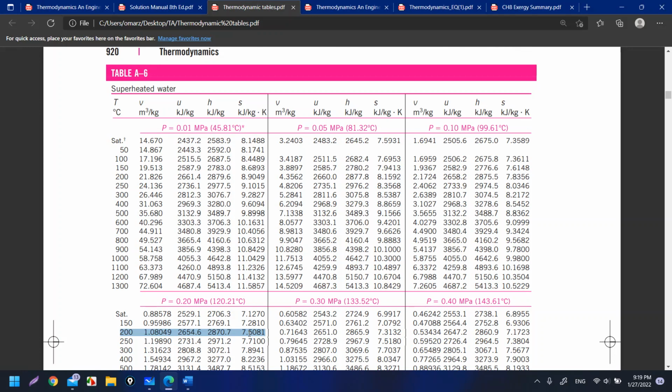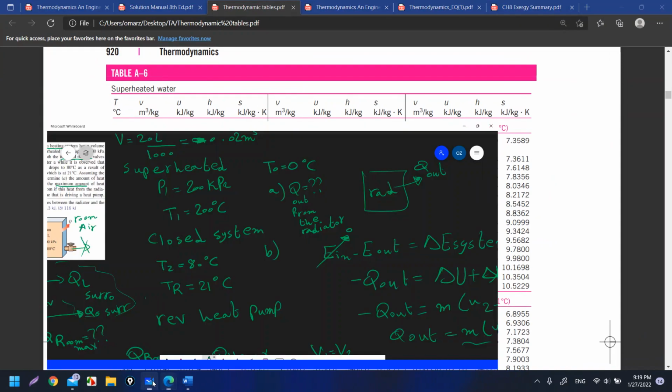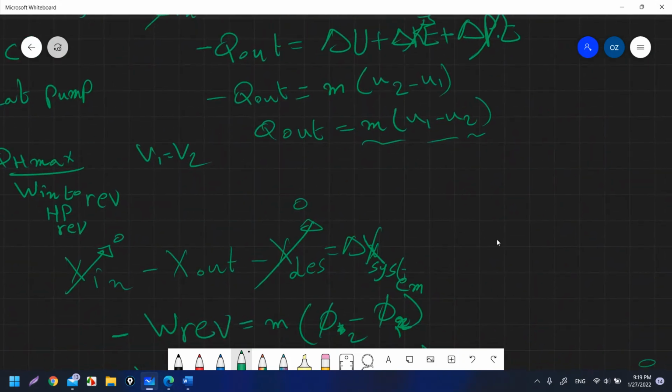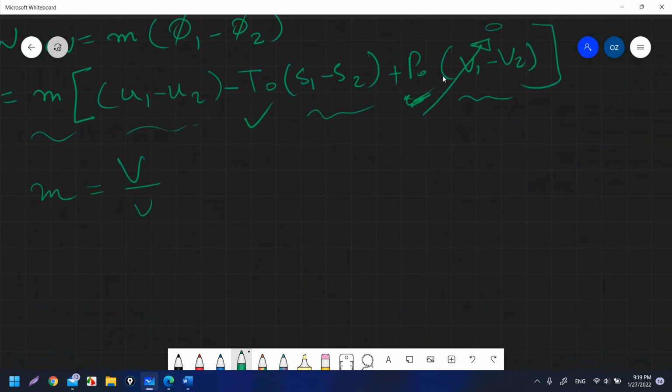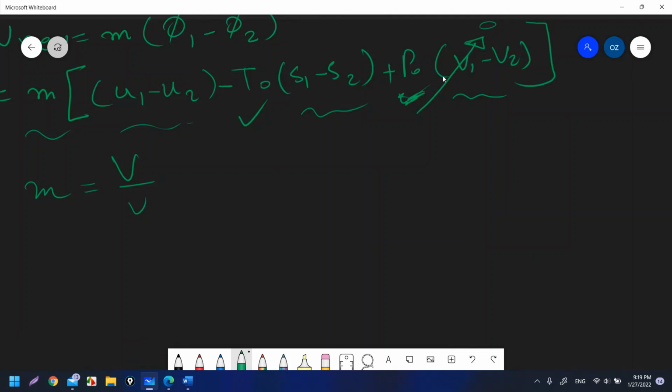Okay, let's find U and S. I want to take the numbers from this paper. Just take it, no interpolation, no anything. But I need also the specific volume because I want to find the mass.